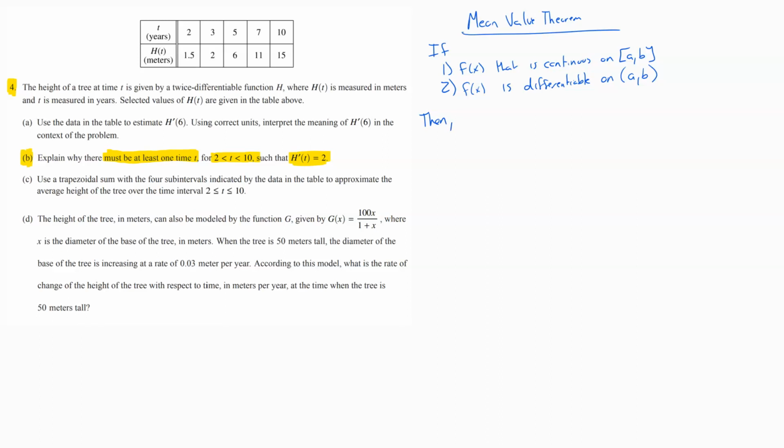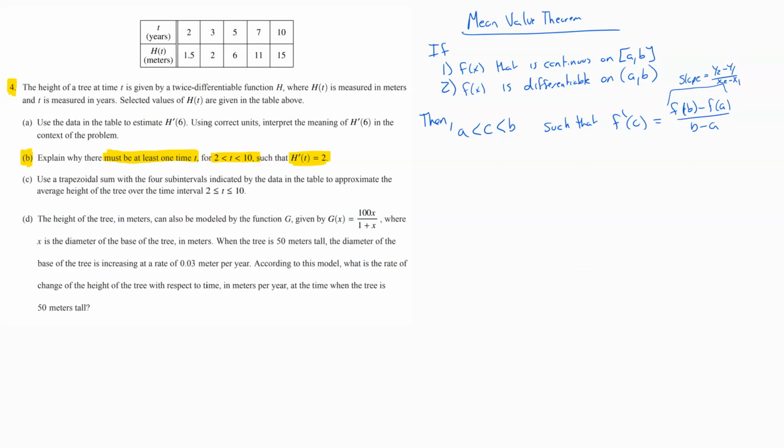Then I get to say that there is some point c that lives between a and b such that the derivative at that point is equal to the slope between those endpoints. So f of b minus f of a over b minus a. Essentially, that's a slope equation. That's like your classic y2 minus y1 over x2 minus x1 going on there.